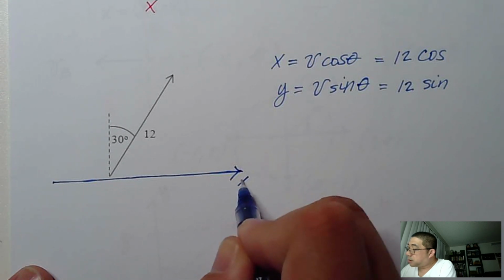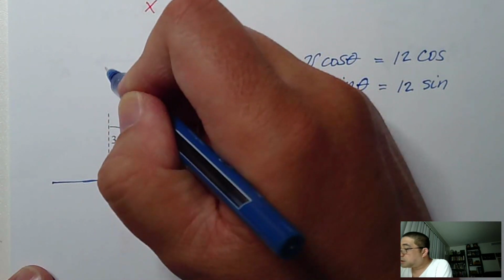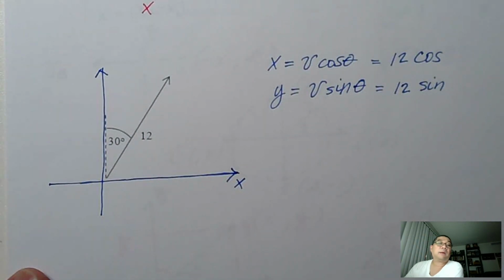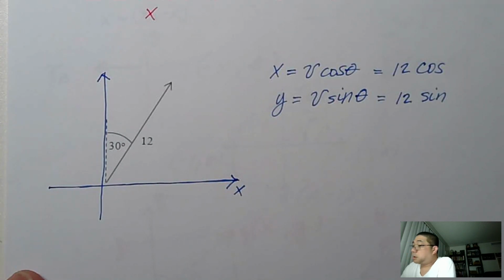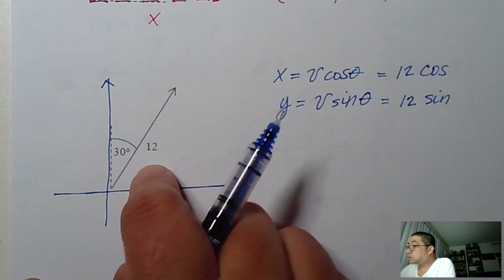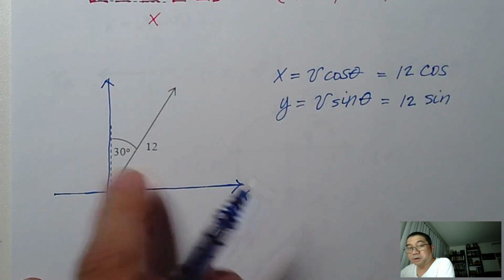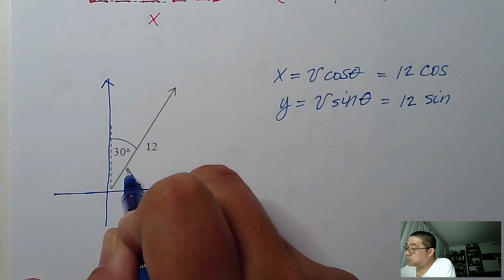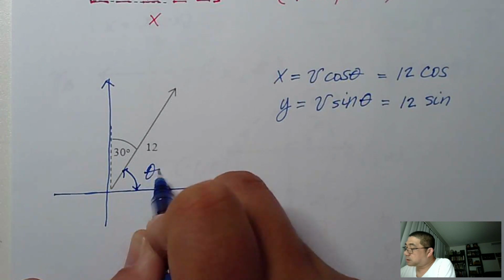So this is your x-axis and this is your y-axis. So it can be extended. Now if you notice, the angle 30 degrees cannot be used because it is not measured along the x-axis. So what is the value of theta instead?